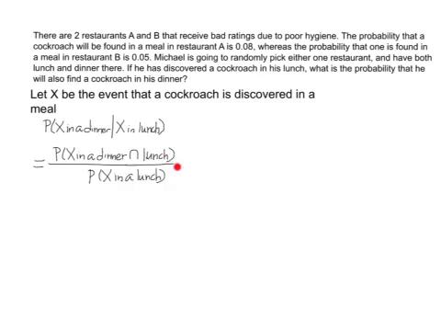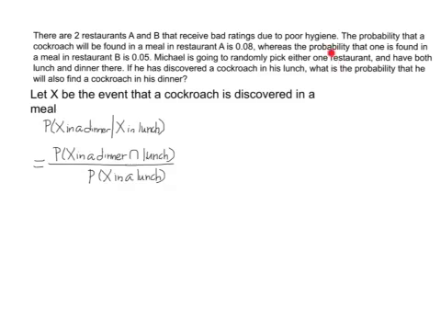Now before we continue, we have to break down the whole story into different processes. How many processes do we have? What is the first step? What happened in the beginning is that Michael is going to randomly pick one restaurant.